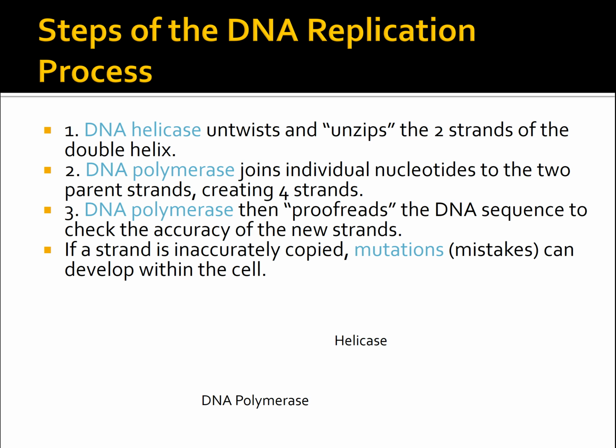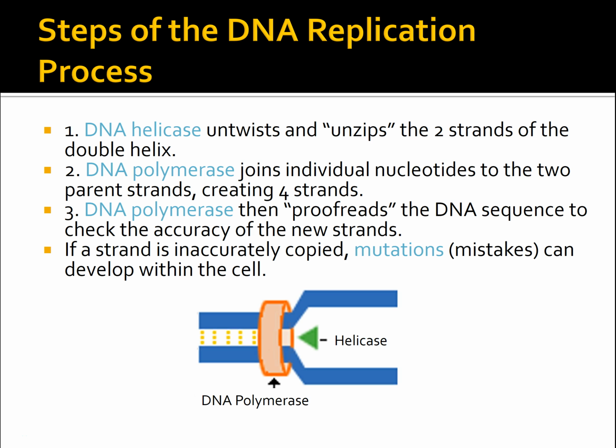But really, a cell cannot afford to have any mistakes in that DNA sequence, or really serious things can go on. So if you have your DNA double helix here, it's already untwisted. The helicase is separating the two strands, and then the DNA polymerase is going to come along here and add in your new bases.